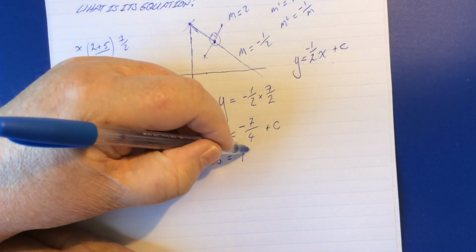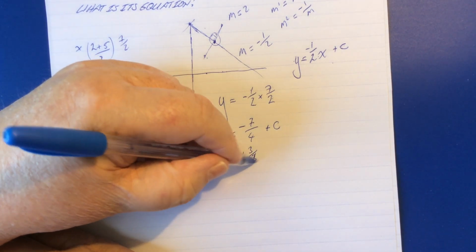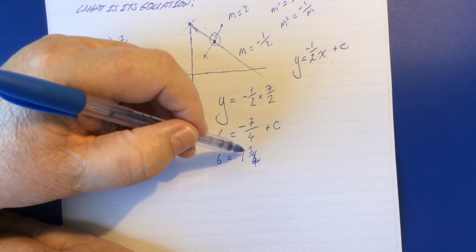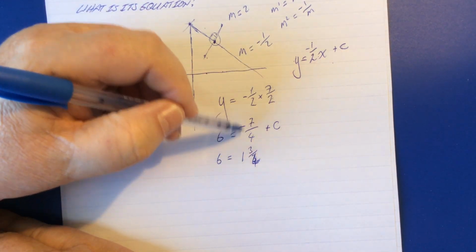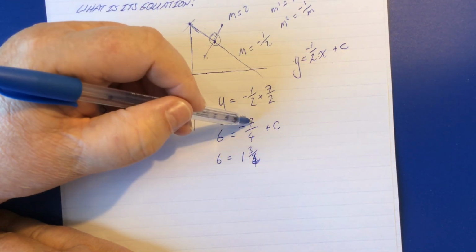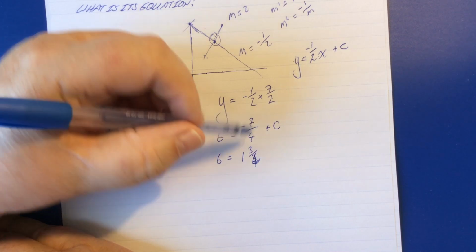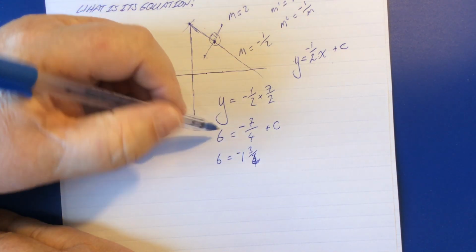This is 1 3/4. 4 goes into 7 once, 3 remainder, and it's negative.